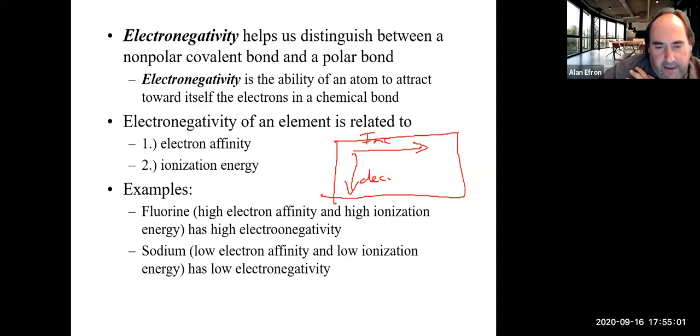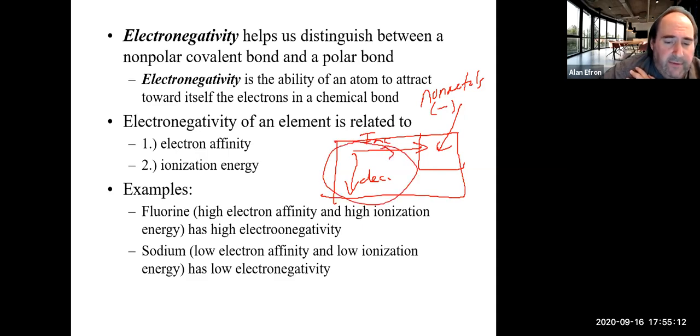And if you think about this part of the periodic table, that is where all of our nonmetals are. And that's why our nonmetals typically gain electrons and become negatively charged. While if you think about this side of the periodic table, that's pretty much where all of our metals are located. And that's why they typically give up their electrons really easily, because they have really low ionization energy.